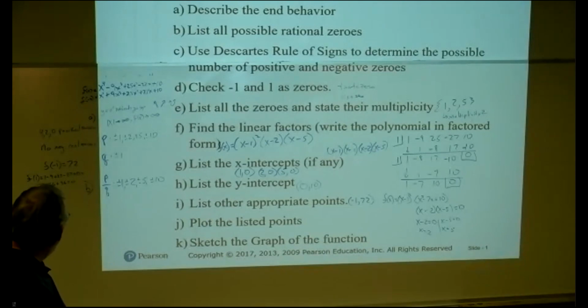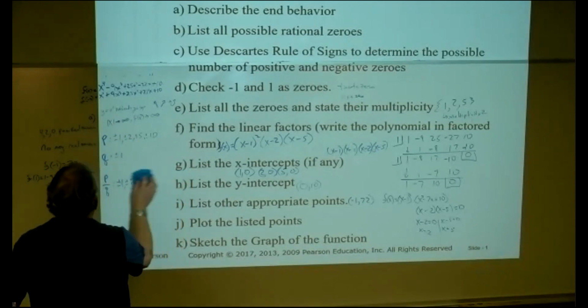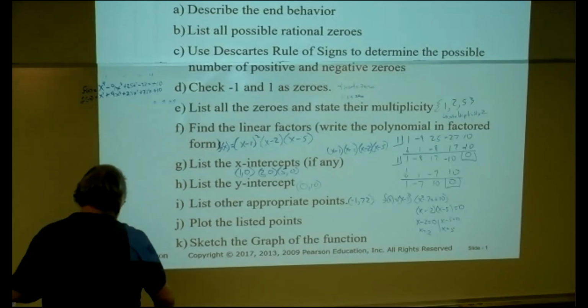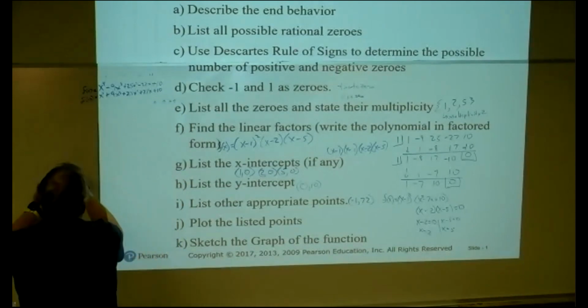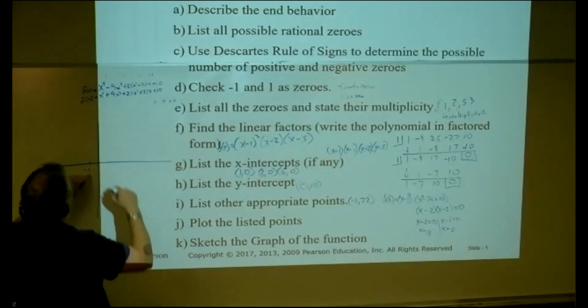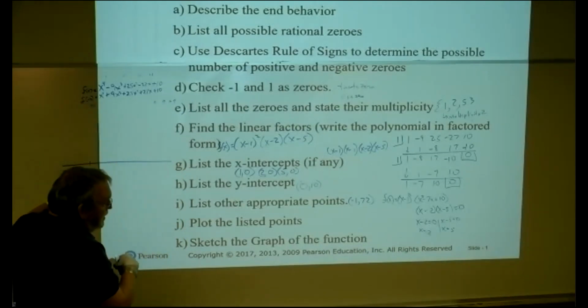So I'm going to erase all this stuff over here because I need that to graph. So at negative 1, it goes all the way up to 72 up here, somewhere, wherever 72 is going to wind up.